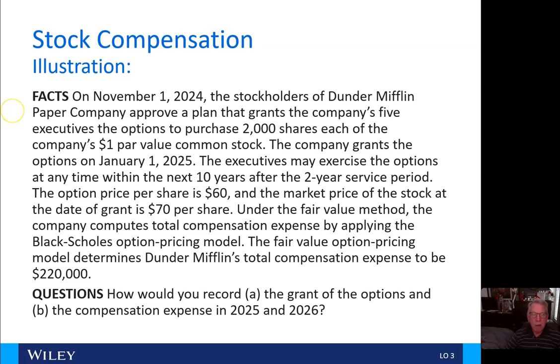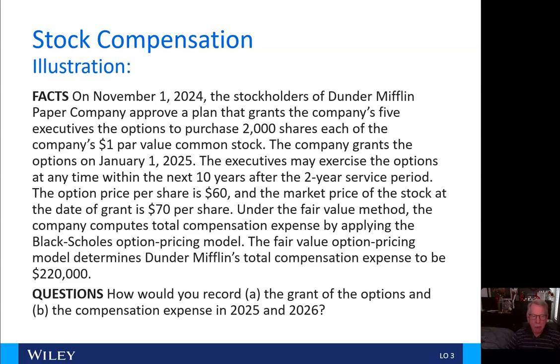So, under the fair value method, the company computes total compensation expense by applying the Black-Scholes option pricing model. The fair value option pricing model determines Dunder Mifflin's total compensation expense to be $220,000.